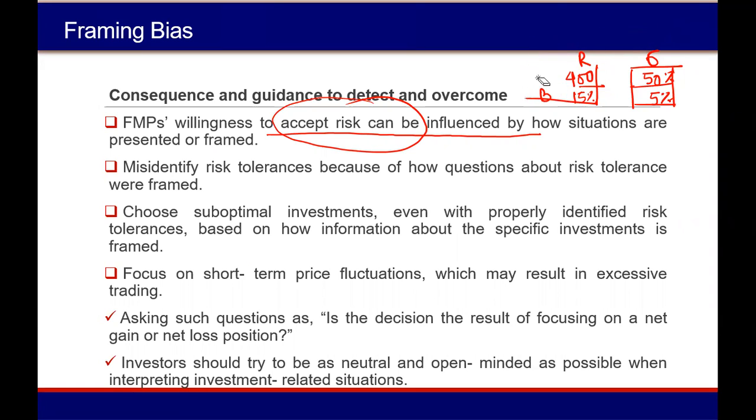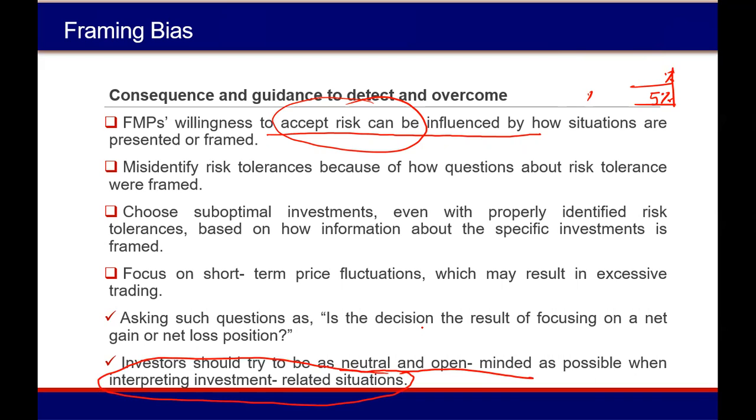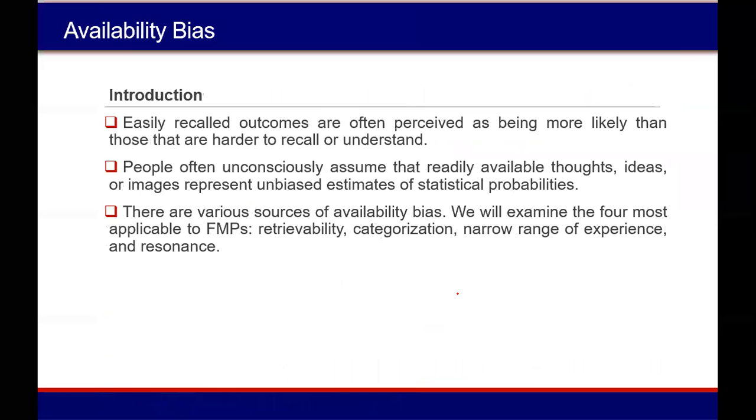Okay, that is how framing bias works, and we always need to be neutral and as open-minded as possible when interpreting investment related situations to clients, so that clients will not accuse us, the asset managers, when they feel that their decisions would be different if there was no framing bias.